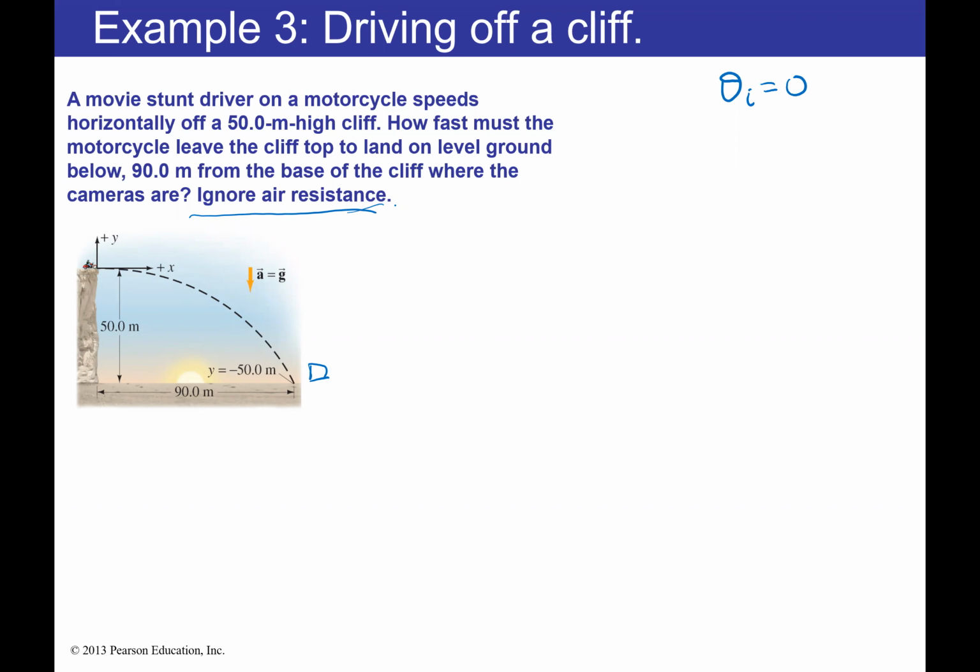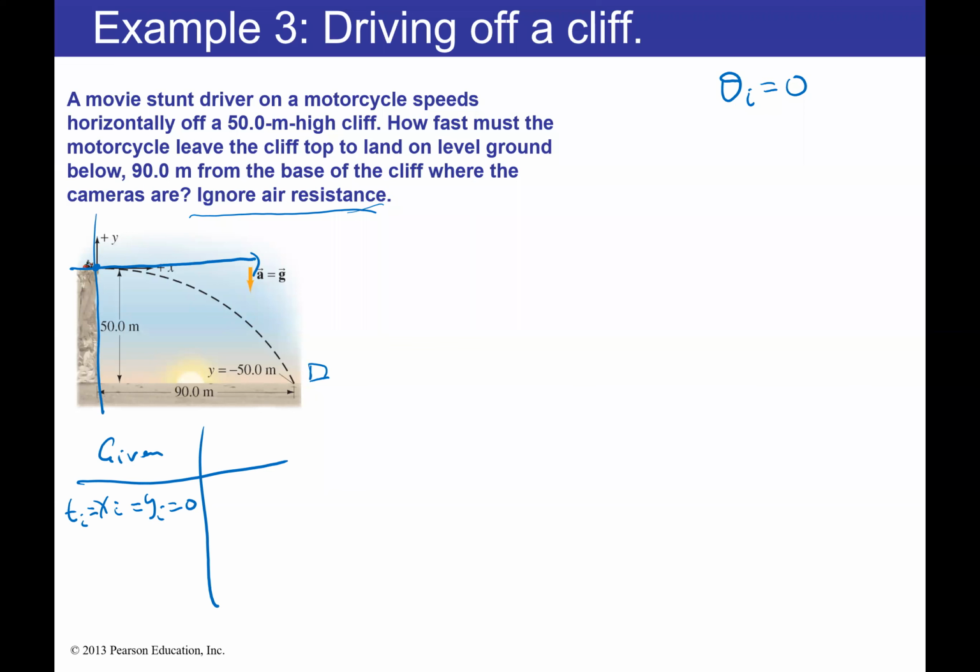Okay. Now, let's write down what we're given. It says it's a 50-meter high cliff. Well, it means that I take the starting point of the object to be my origin. That means I can say X initial is the same as Y initial is 0 at T initial, which is also 0.